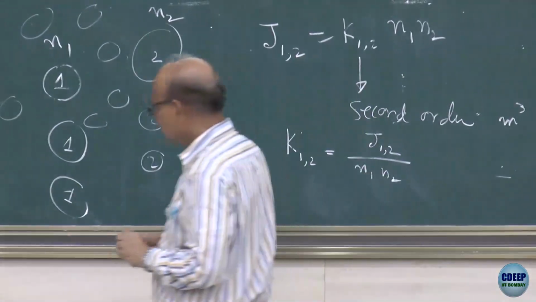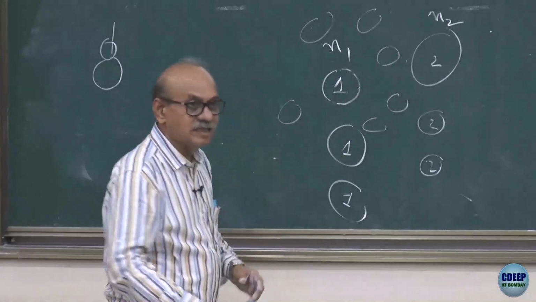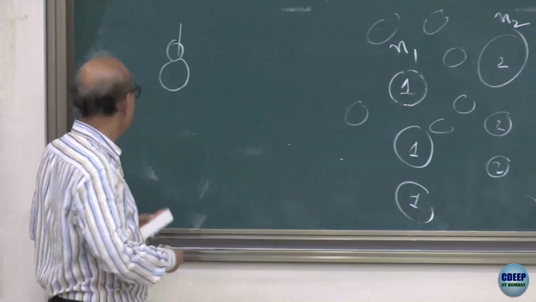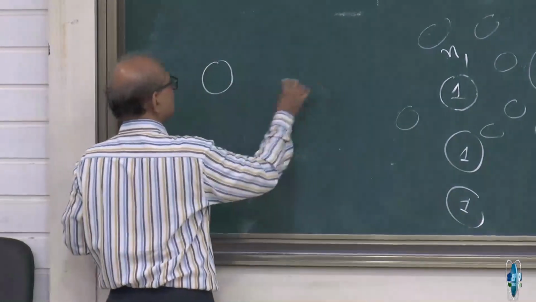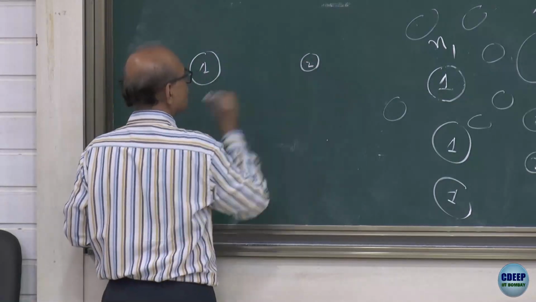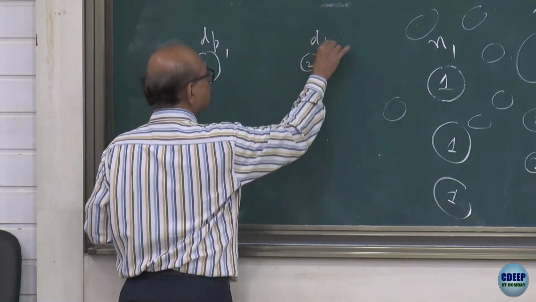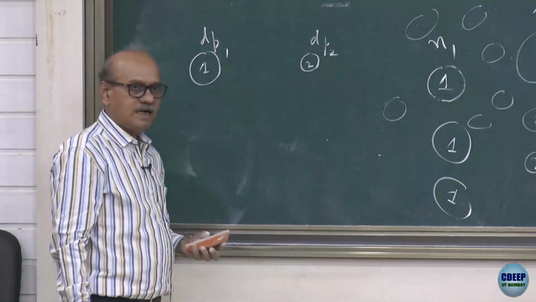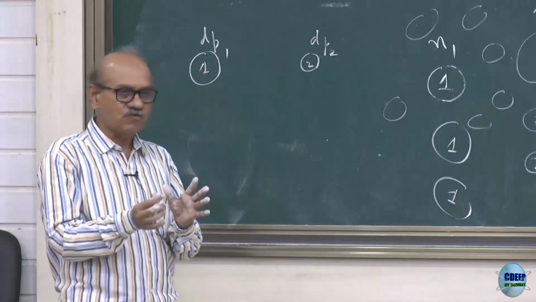Let us now think of how we start modeling this growth. If I have aerosol particles of two different sizes, say this is 1 and this is 2, or the sizes could be dp1 and dp2, first thing I will make an assumption that there is no other external force, no field.